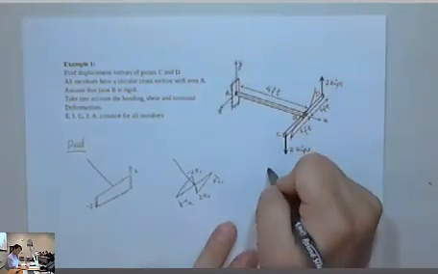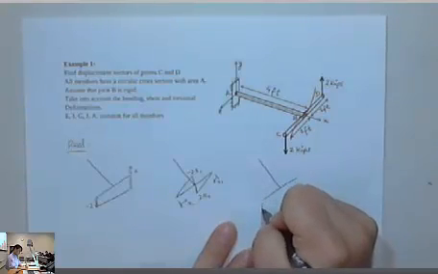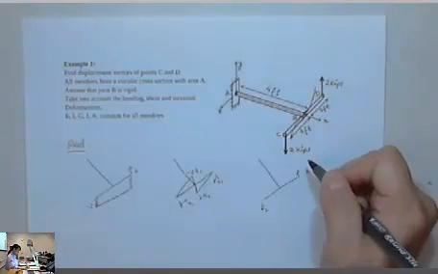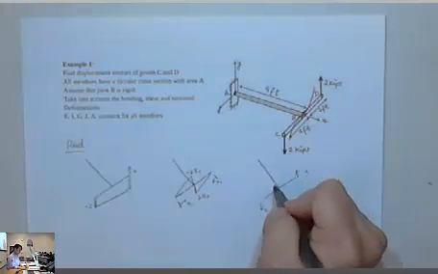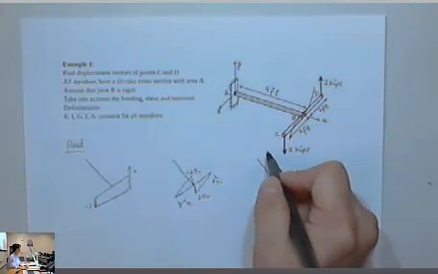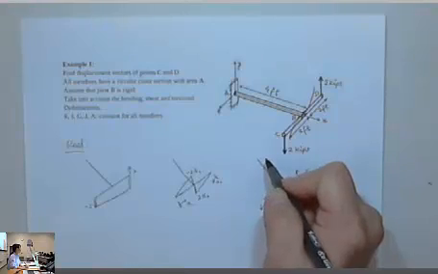And then finally, when we look at torsion, what would that look like? What is the torsion in this member? Is that constant or is that a triangle shape? What do you think?